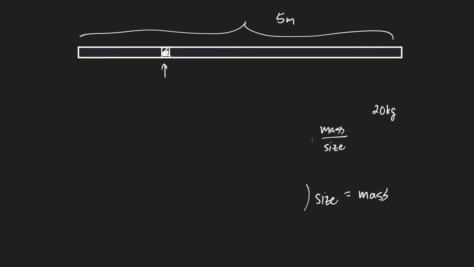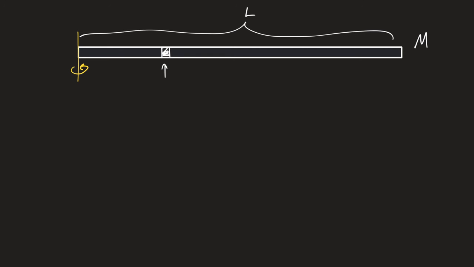So I'm going to take away all of our placeholders and all of our numbers, and I'm going to say that I have a rod of length L, and it has a mass, capital M. And I want to find the moment of inertia about one end.